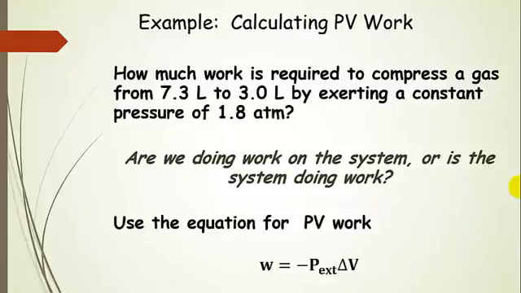First things first, are we doing work on the system? We're compressing a gas and we're using an external constant pressure of 1.8 atmospheres. So yes, we are doing work on that gas. The system isn't doing the work, we are doing work on it.